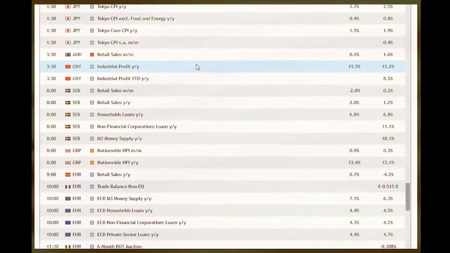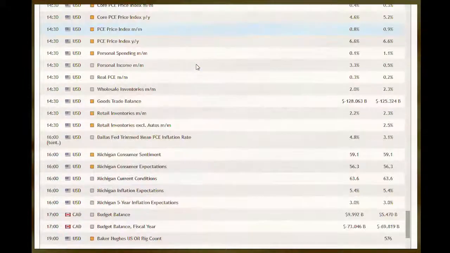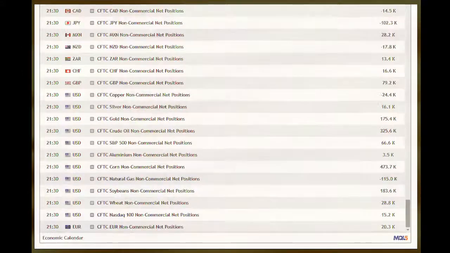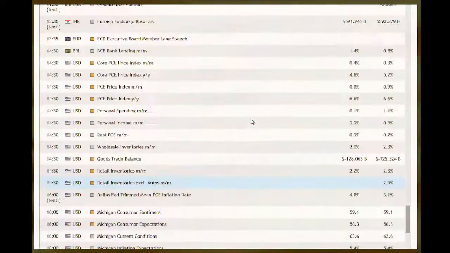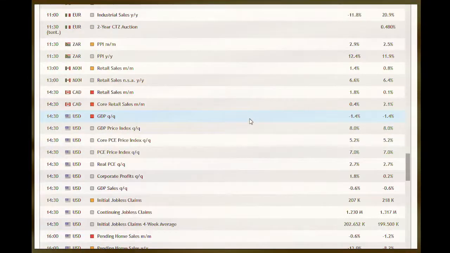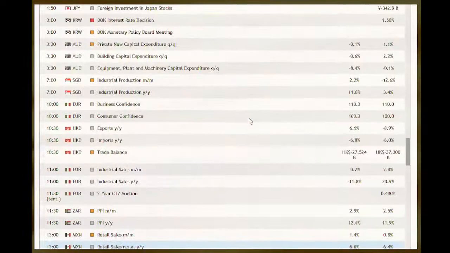Now moving on to Friday. Friday we don't have any event. Friday is going to be a clean day. Just to do a recap, on Thursday we have the CAD retail sales and the dollar GDP, both at 2:30.